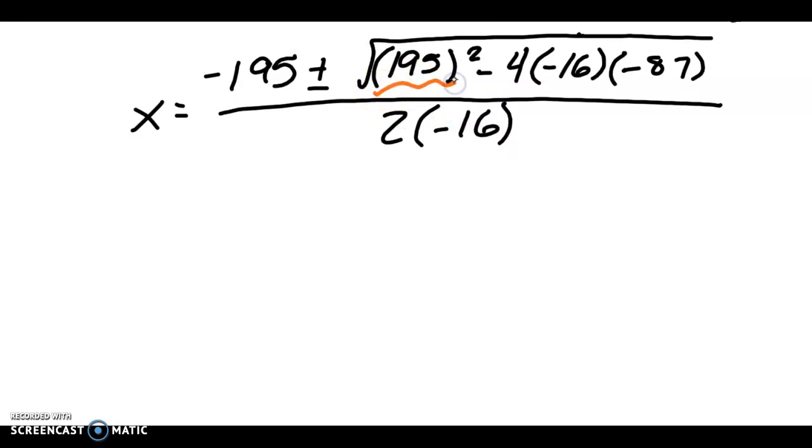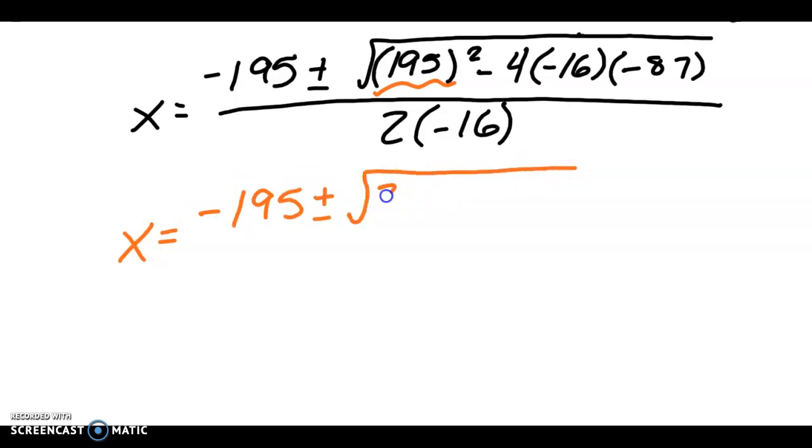So 195 squared, going to need a calculator for that. 195 squared is going to give me 38,025. So I've got x equals negative 195 plus or minus the square root of 38,025, huge number, minus 4 times negative 16 times negative 87.